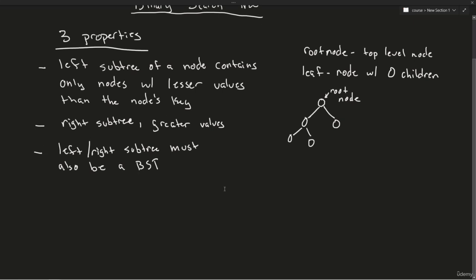So now let's look at some values and see how we can insert them. Because when you want to insert these values, there's a certain way that we need to think about it in order to ensure that our order is done the correct way.